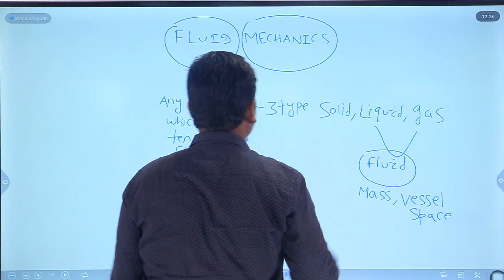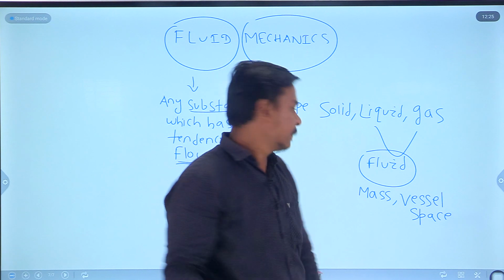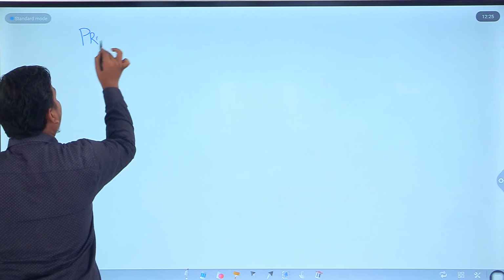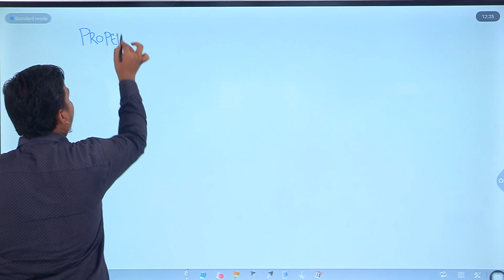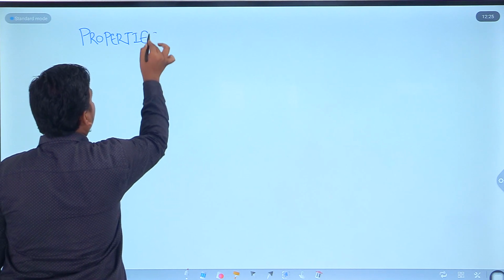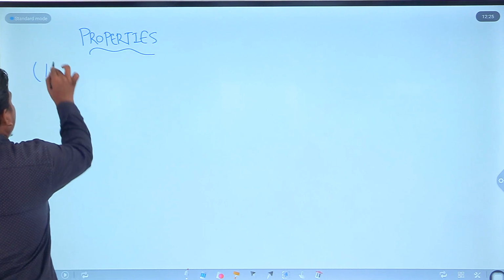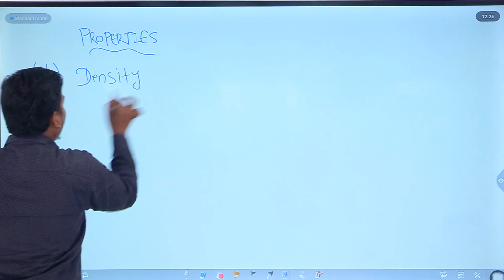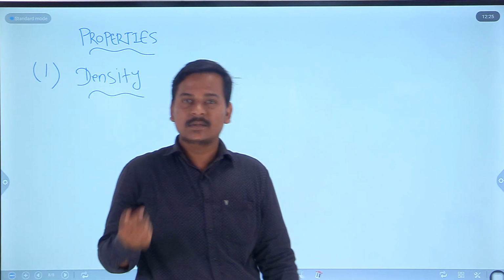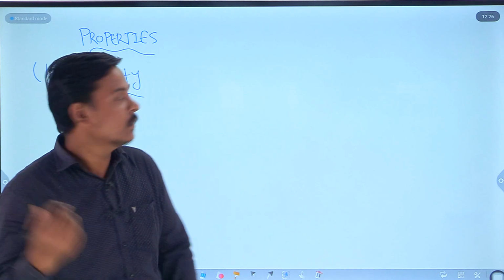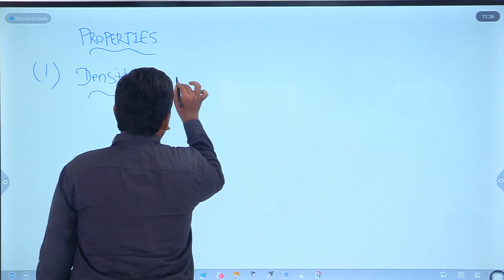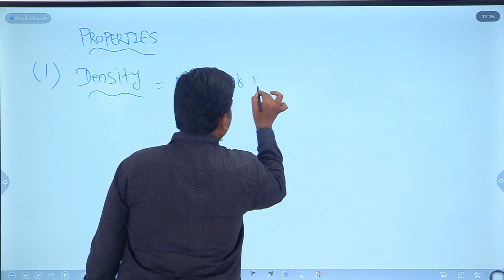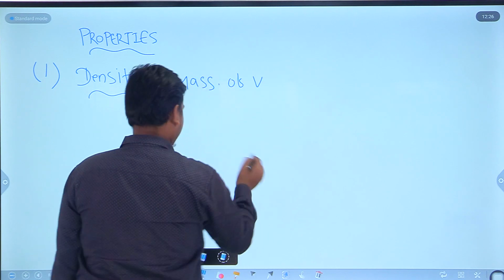Then comes the properties of fluid. First comes density. What is density? Density is the ratio between the mass of the fluid to the volume of the fluid.